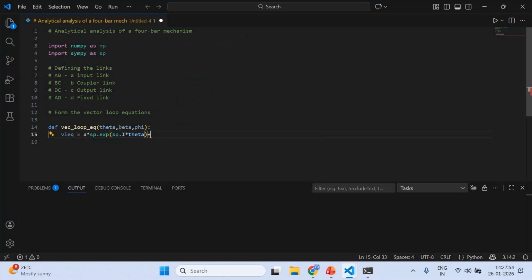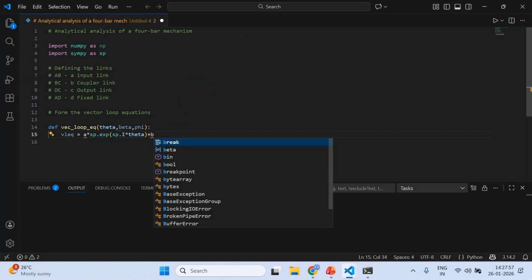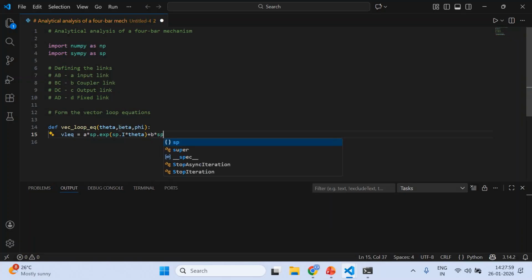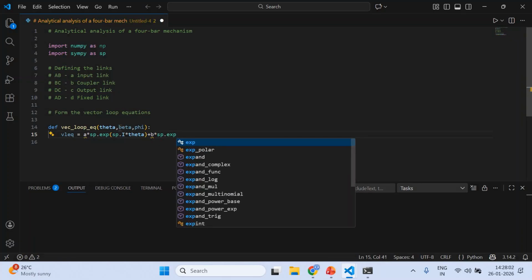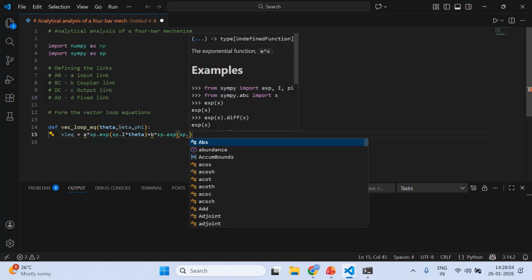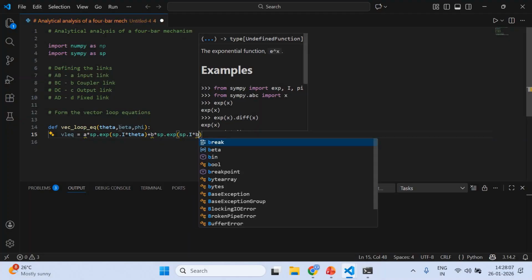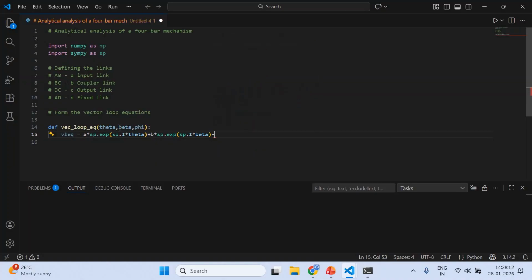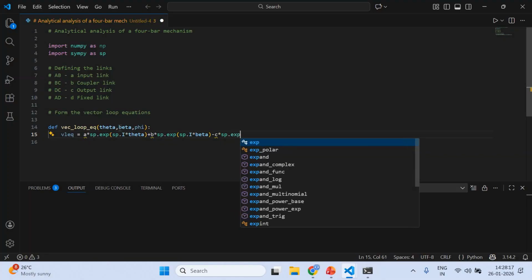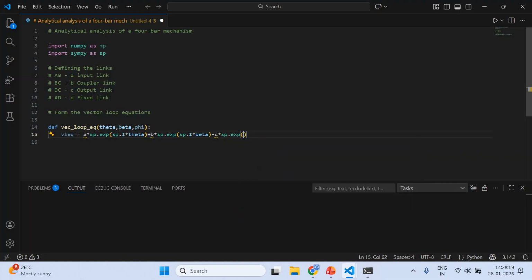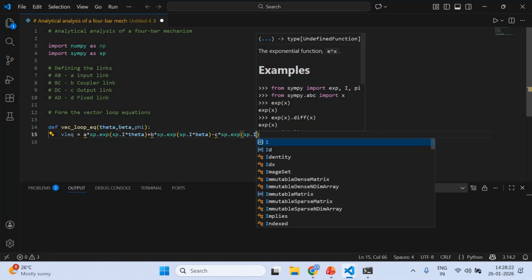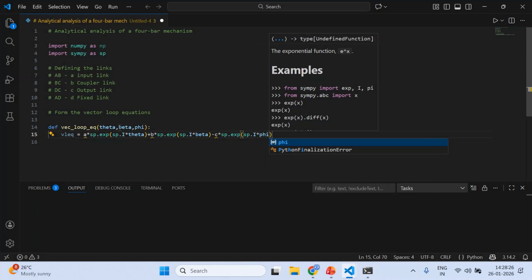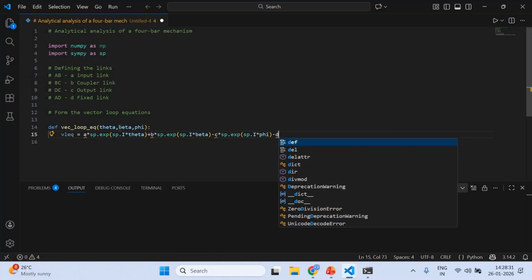If you have the Sympy library, it is actually possible to define the vector loop equations as they are. Now after this, you simply type plus b multiplied by again sp.exp. This is the exponential part which I am representing. Then multiplied by beta, right? And then you have minus c again sp.exp, then sp.I phi, then minus d, right?